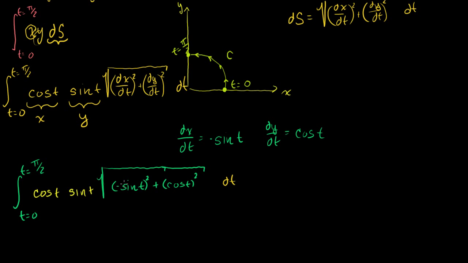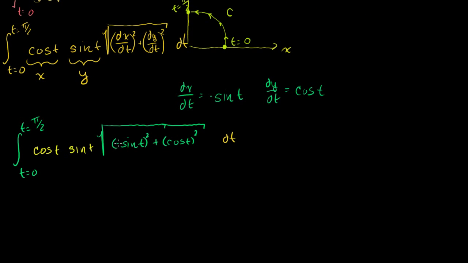Now, this still might seem like a really hard integral until you realize that when you take a negative number and you square it, it's the same thing. Let me do this on the side right here: minus sine of t squared plus cosine of t squared is the same thing as sine of t squared plus cosine of t squared, right?